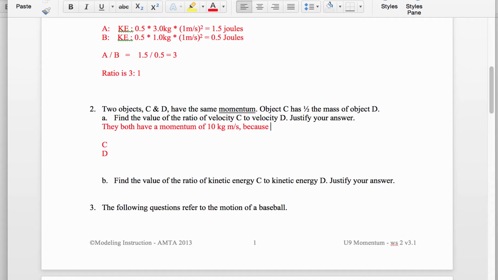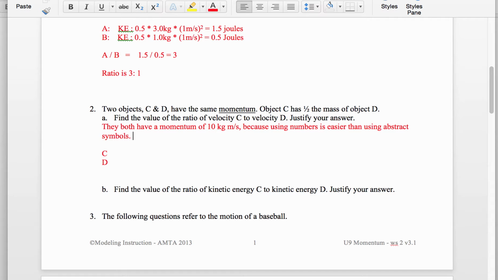Using numbers is easier than using abstract symbols, so it just makes it more concrete. You can always make up numbers. So if they have the same momentum, object C is half the mass of object D. We've got to come up with something that multiplies to 10.